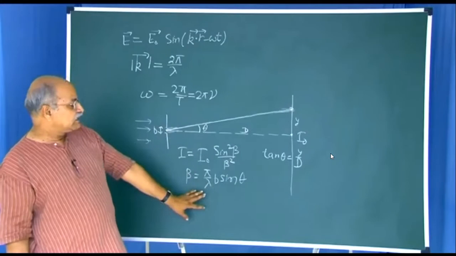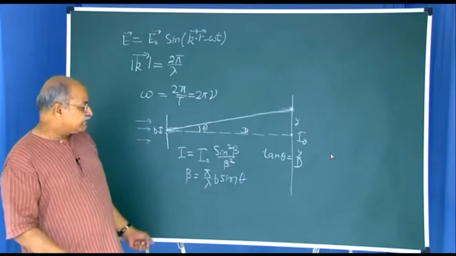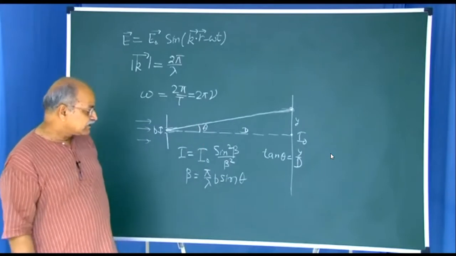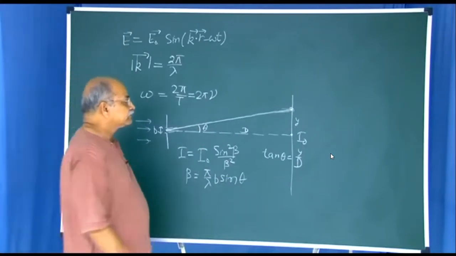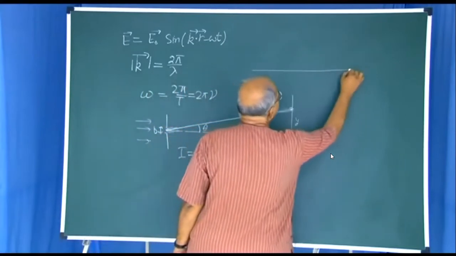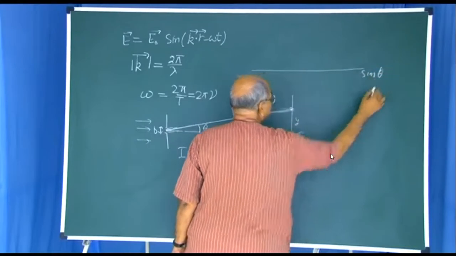With that you can calculate the intensity in terms of this I naught. But if I show it graphically how the intensity varies, that graph turns out to be something like this. Now I am drawing the graph, and this side is sine theta.